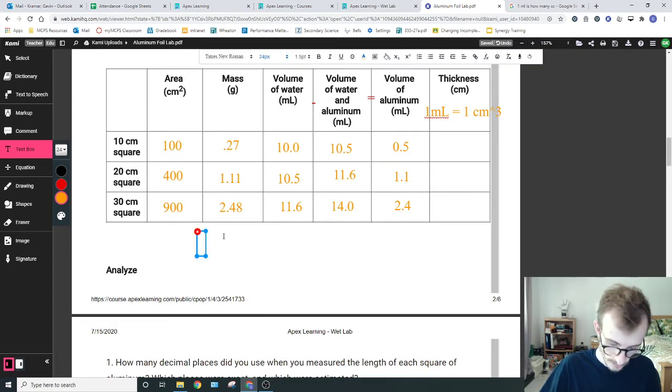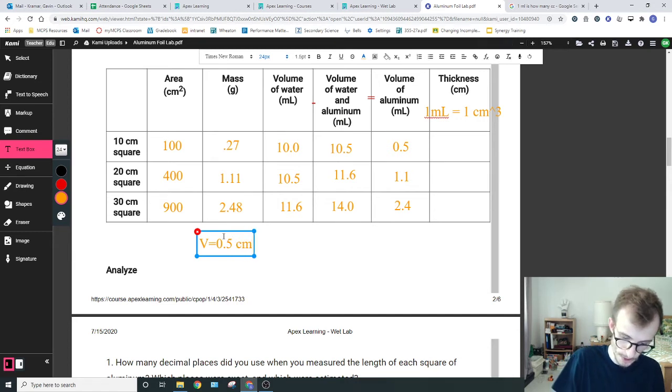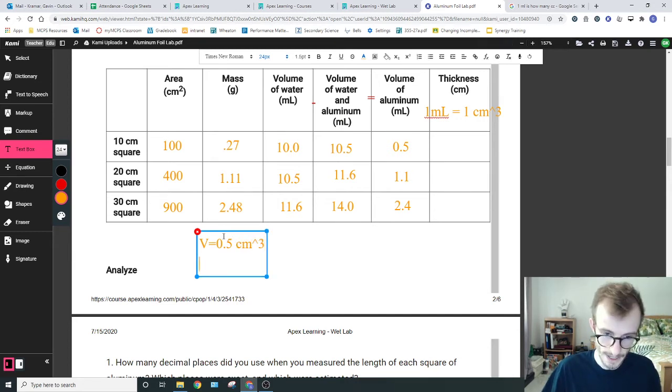So my volume equals 0.5 centimeters cubed. And that is getting divided by 100 centimeters squared.